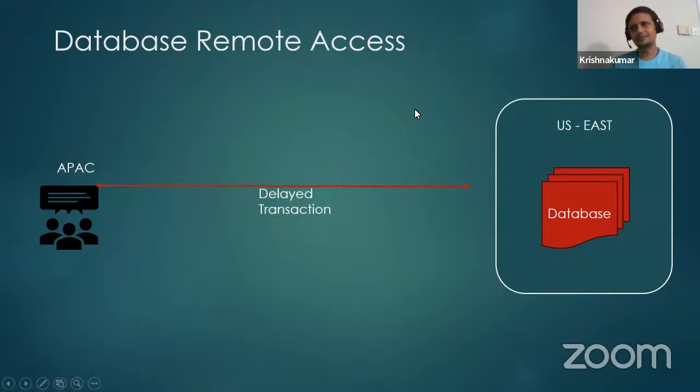Let's start building the idea. Consider this a use case: I have the database in the US, I am sitting in APAC, and I am connecting to the database. How can I achieve the performance? The first thing we can do is have a database at the APAC level. It means I can create a clone of the database at the APAC location, and then start synchronizing from the production database located in the US region.